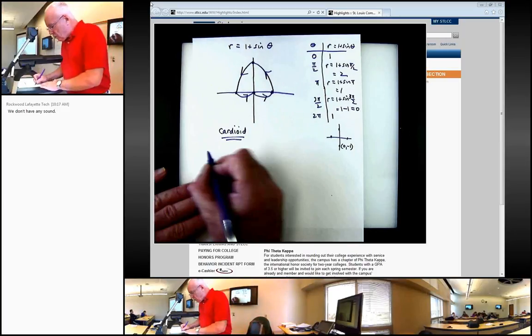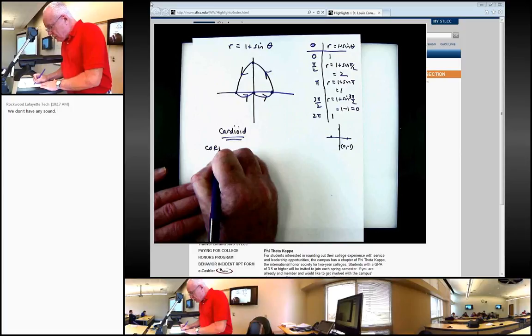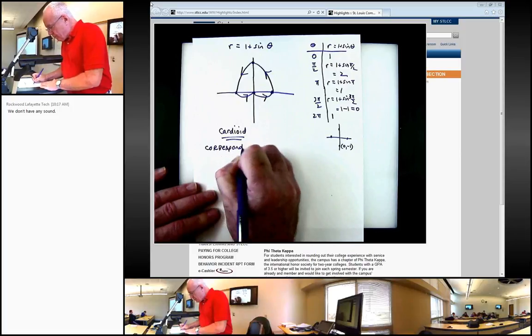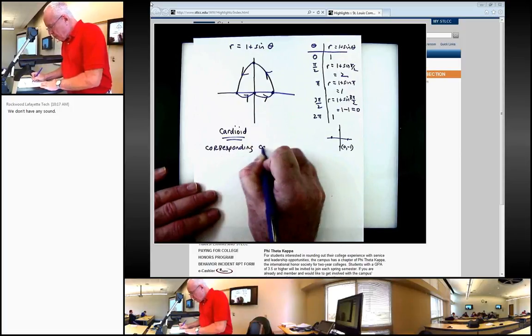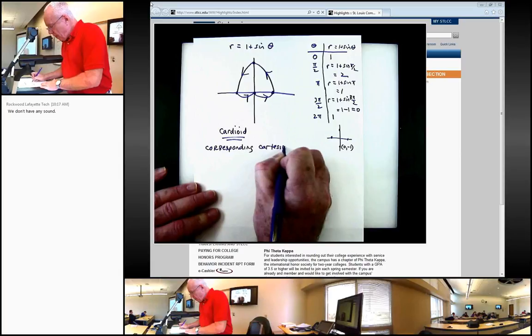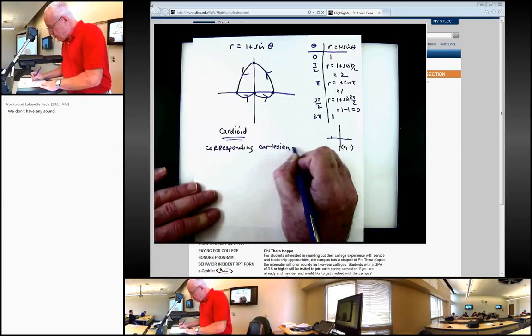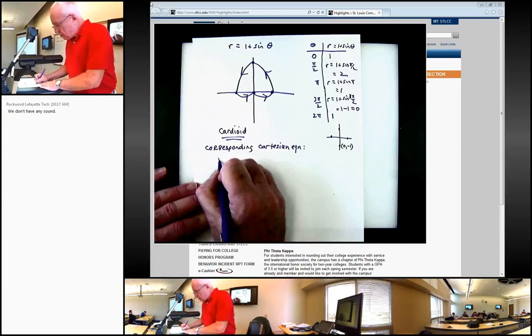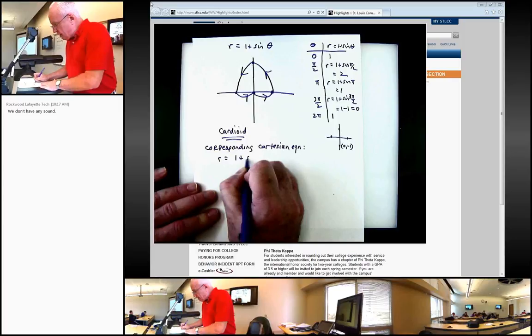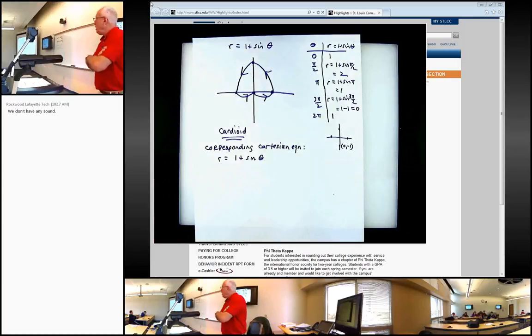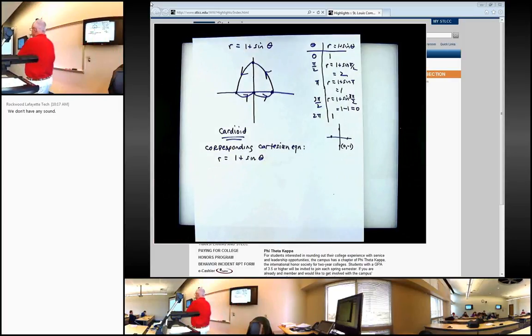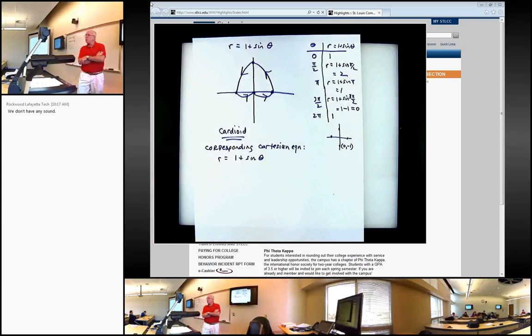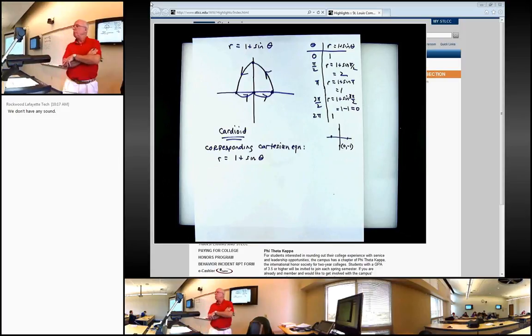Let's get the corresponding Cartesian equation. So it's r is equal to 1 plus sine of theta. What might be the first thing you want to replace, and what would you replace it with?